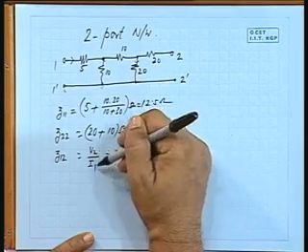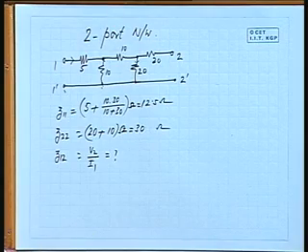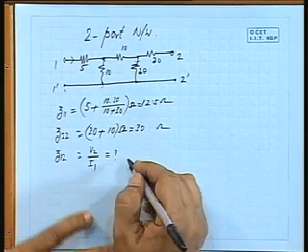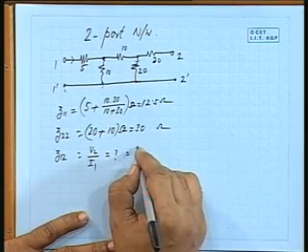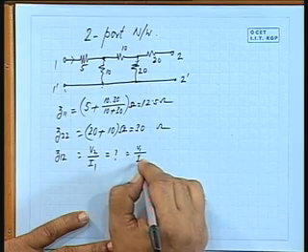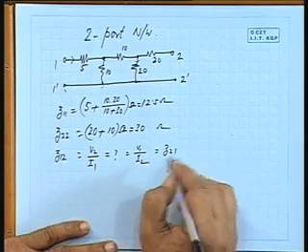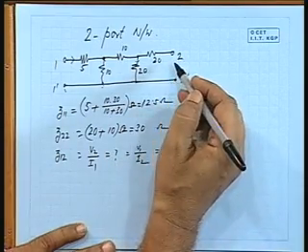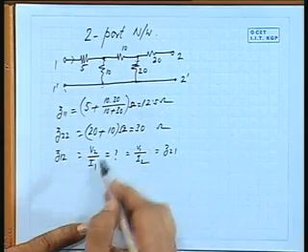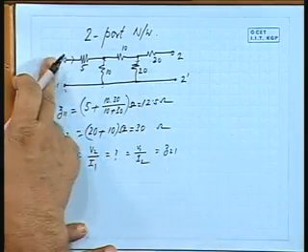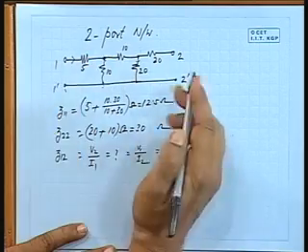It is V2 by I1 you can take, or somebody may take V1 by I2. In the morning we discussed Z12 is same as Z21. So either way, if I calculate V2 by I1, that is the voltage obtained here when I am sending a current here. Okay.